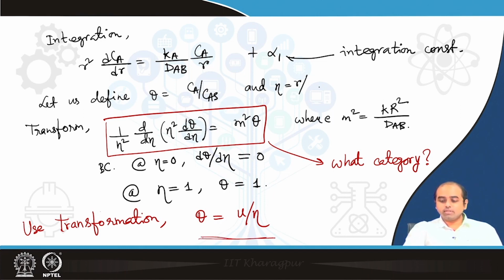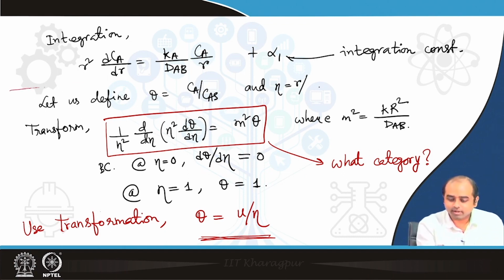So, without the need of this transformation, of course, if you do the transformation, life becomes easier, right, but even without this transformation, there is a direct possibility of solving this equation, something that we tried to do by integration, but then we realized that this leads to undefined values and it does not satisfy the boundary conditions, right.